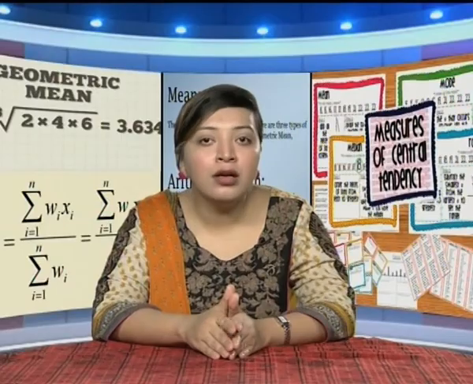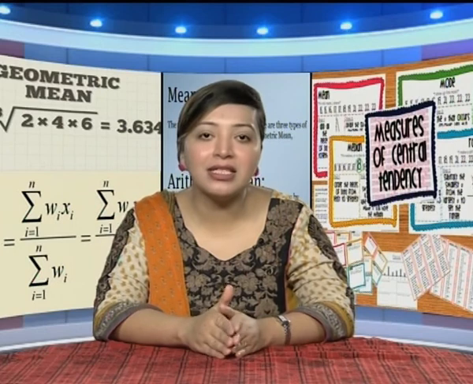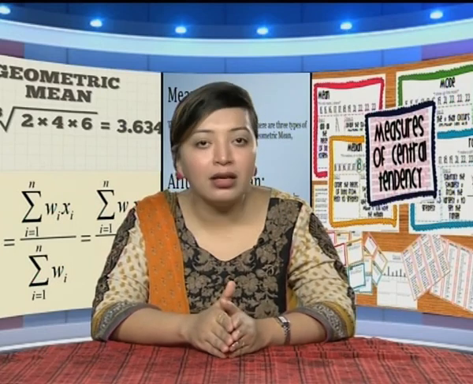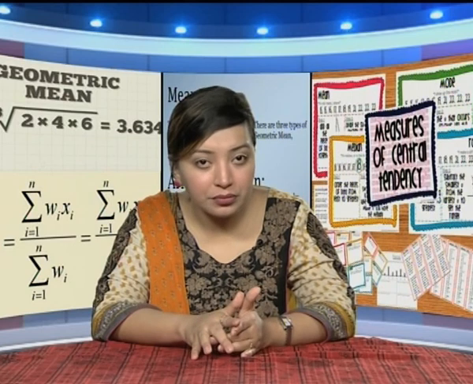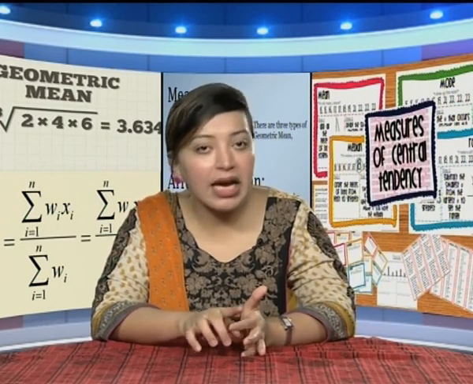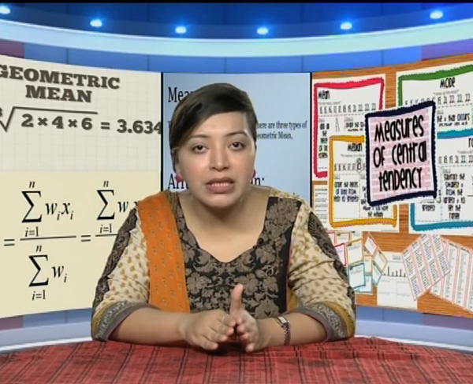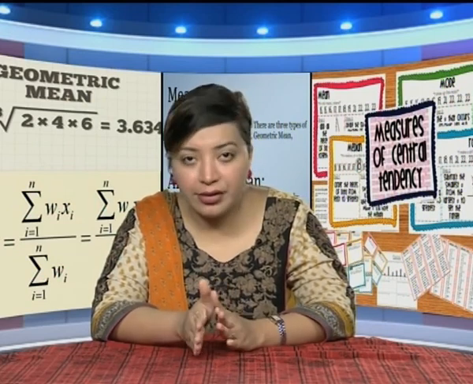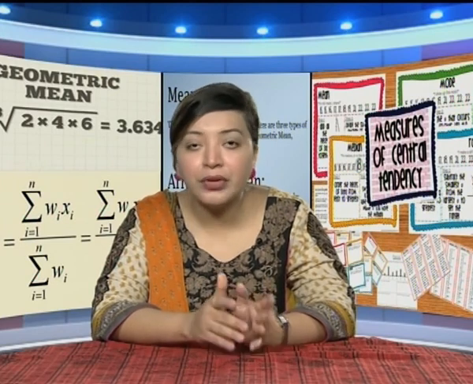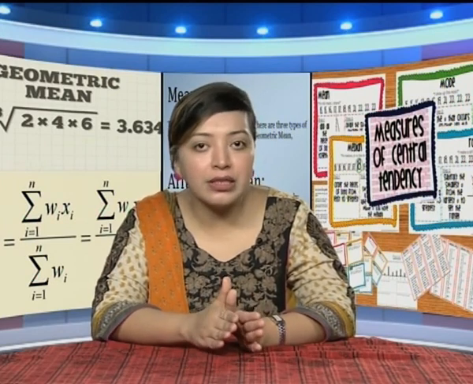3.7037. So finally we have reached the end of today's episode. We have learned today the meaning of arithmetic mean, its objectives and its types. We have also studied the various kinds of averages such as arithmetic, simple and weighted, geometric and harmonic means.